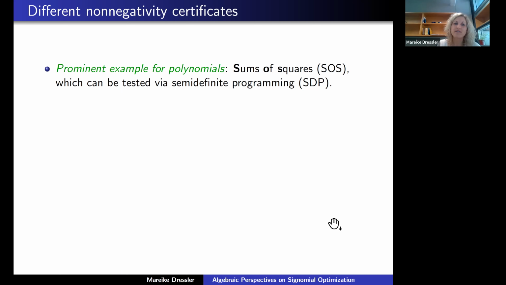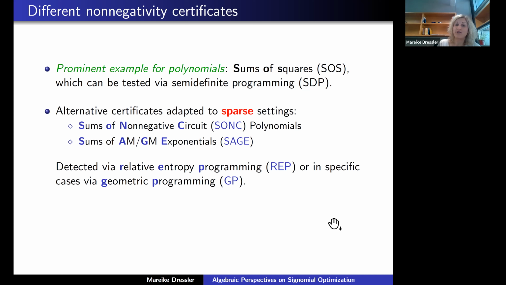In recent years, there are alternative certificates adapted to specific sparse settings. And here, by sparse, I mean that they preserve sparsity of the underlying structure. These are called sums of non-negative circuits and sums of AM-GM exponentials. The first one was first introduced for polynomials, but then generalized also to this Signomial setting we are in today.